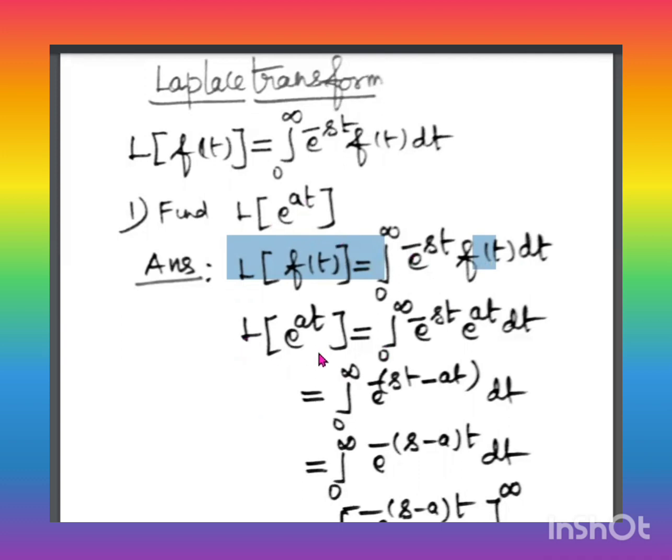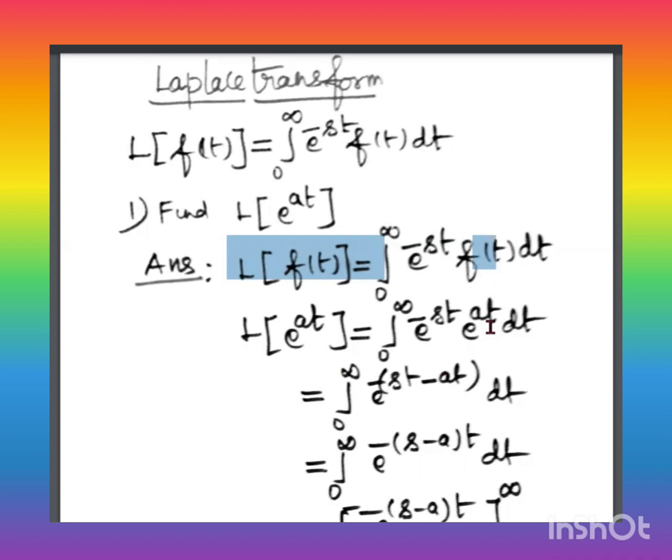So L of e power at is equal to integral over the limit 0 to infinity e power minus st, and instead of f of t, here it is e power at. So you have to substitute e power at where f of t is in the formula.